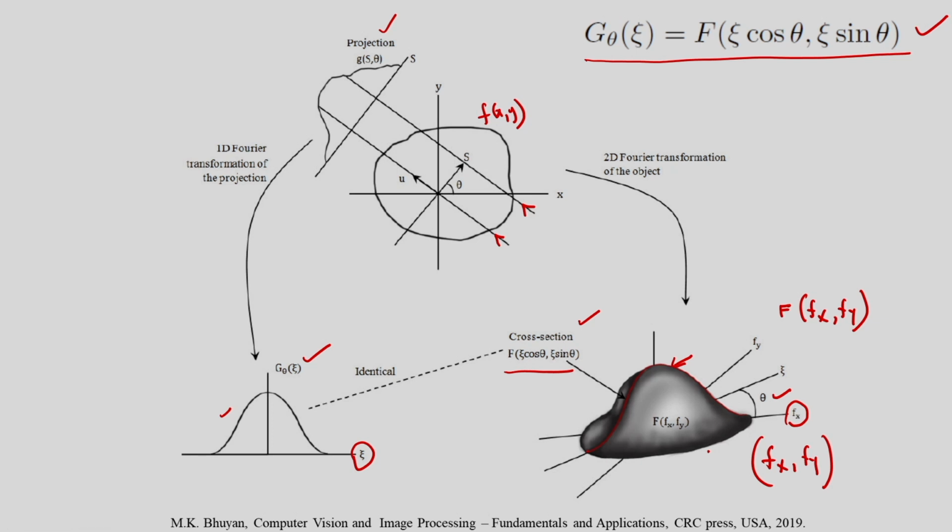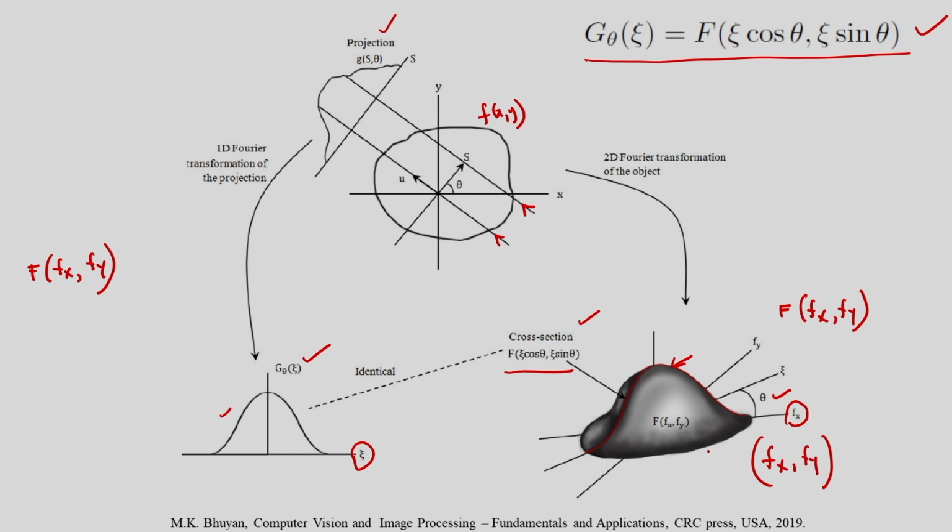So a projection at an angle theta generates one cross section of F(fx, fy). I am repeating this: a projection at a particular angle theta generates one cross section of F(fx, fy), that is the Fourier transform of the original object.